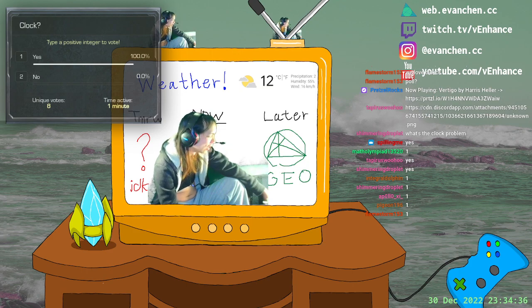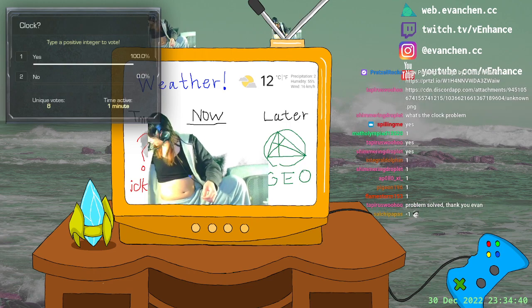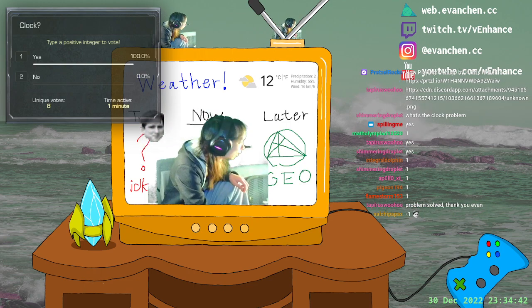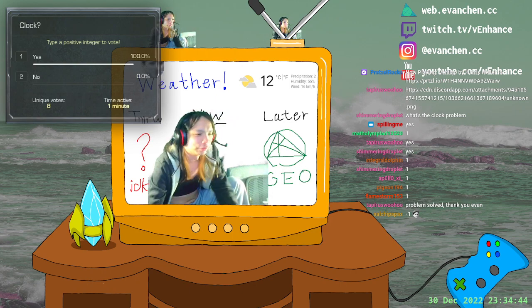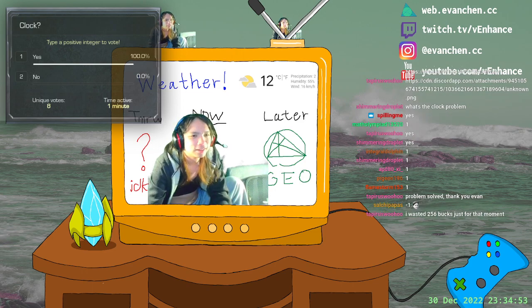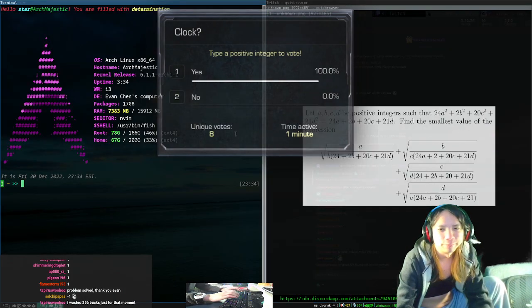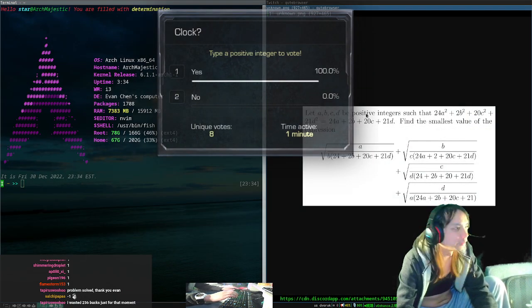What? Hello? Just for anyone that's curious, the problem that was suggested was this thing. And the main content of the problem is to notice that it says positive integers instead.